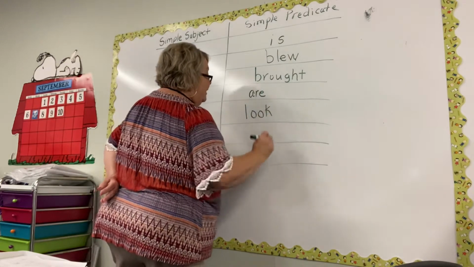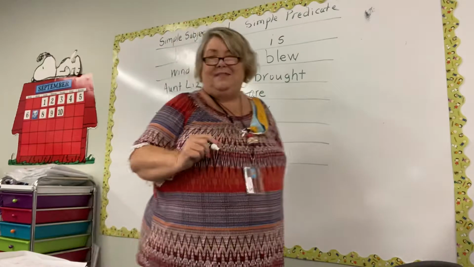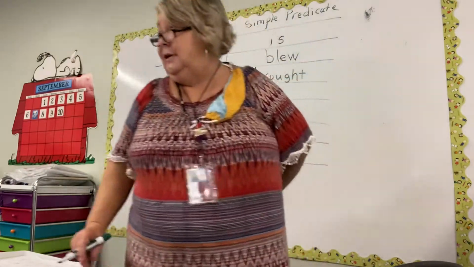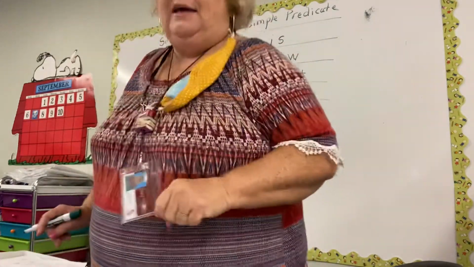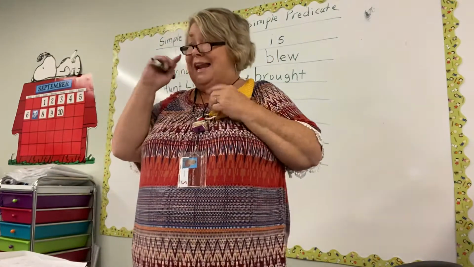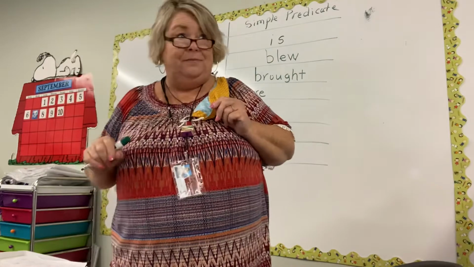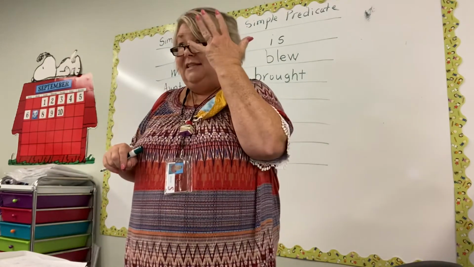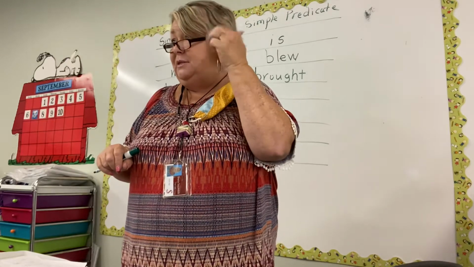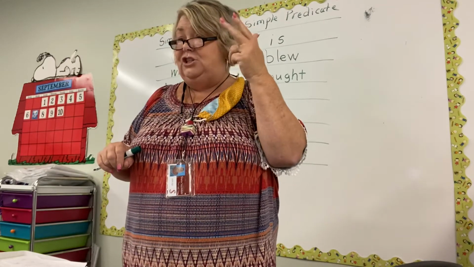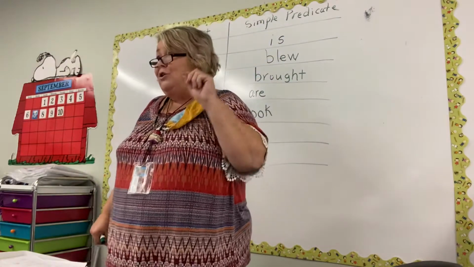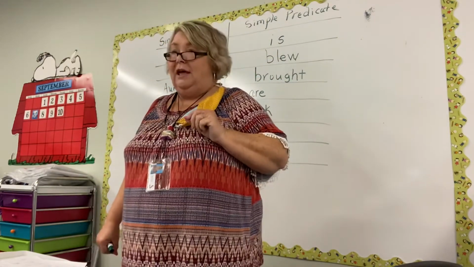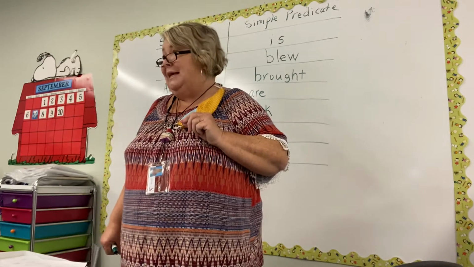Very good. Now, let me tell you about this one, okay? Look. If I'm looking at something, that's an action word, okay? Because I'm a person and I have eyes and I can see. But look is also one of the 5 senses. Sight is one, smelling, feeling, touching, hearing, seeing, okay? Those are not action words. Those are linking verbs.